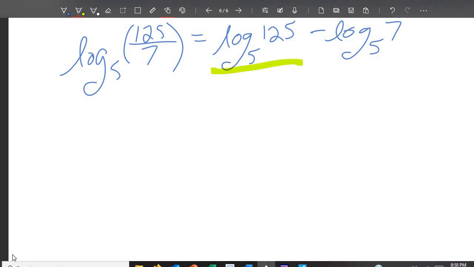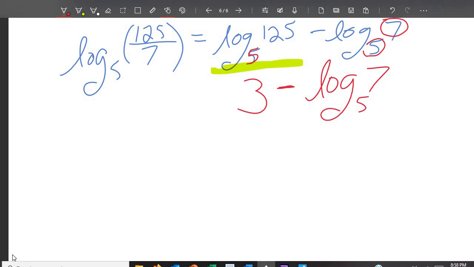Now again, let's try to simplify this. 5 to what power equals 125? Well, 5 cubed gives me 125. Now, for this one, there's no relationship between the 5 and the 7, so I just have to rewrite it. I can't do anything with it. I can't turn it into a decimal. I want to leave it just like this. That's the final answer.